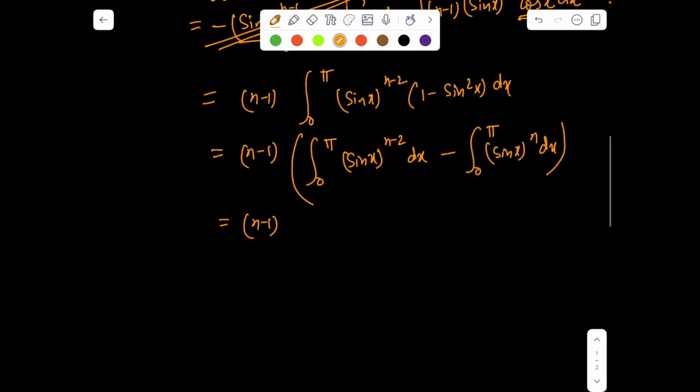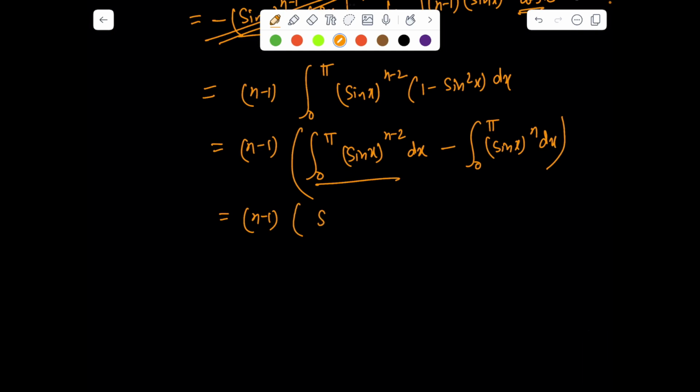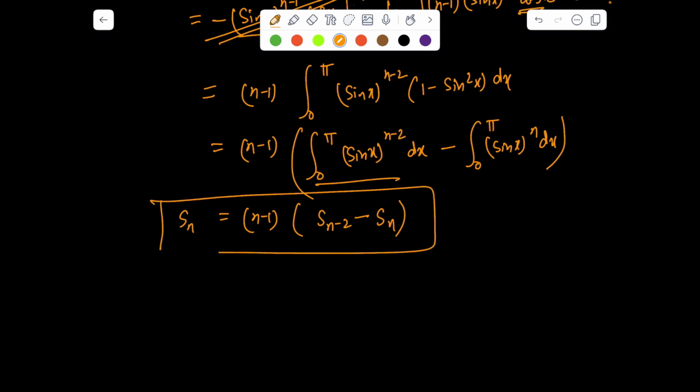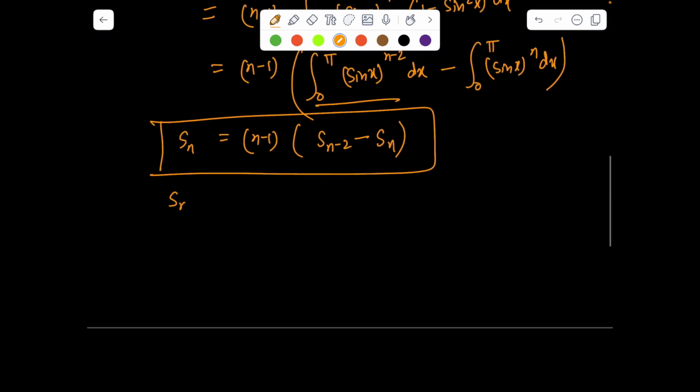And based on the definition of Sn, this turns out to be Sn-2 minus Sn.